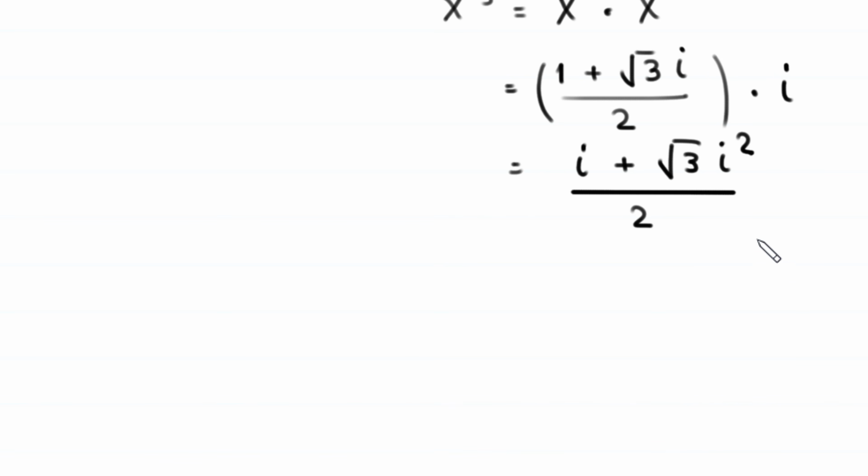And because i squared equal to negative 1, this will become x to the power 5 is equal to i minus root 3 divided by 2.